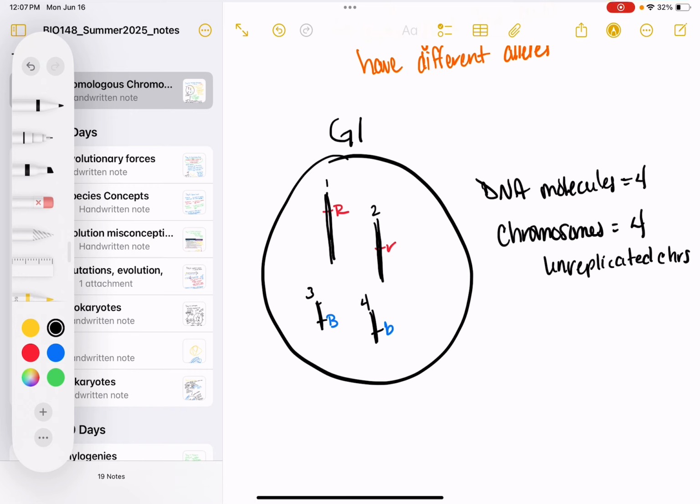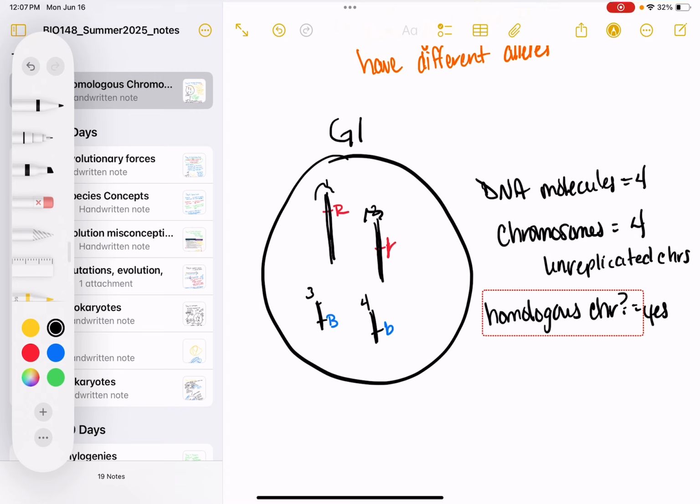And then I want to ask myself the question of whether or not I can see homologous chromosomes. Okay, and so here when you see 2 versions of the same gene, even if this was capital R, right? I've got the same gene, the R gene, on 2 different chromosomes, okay? That tells me that it's homologous.